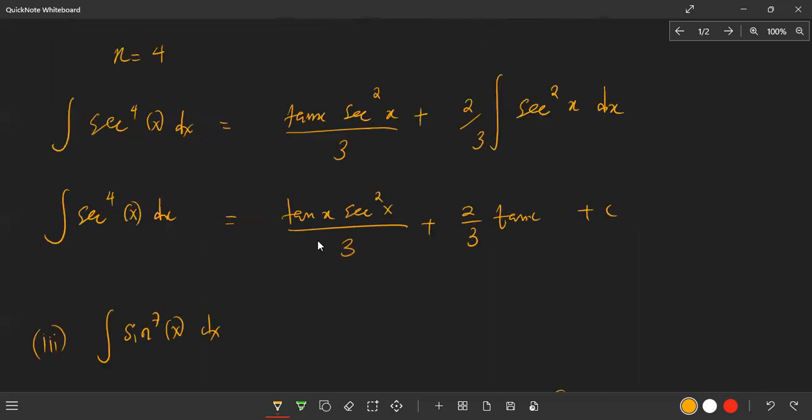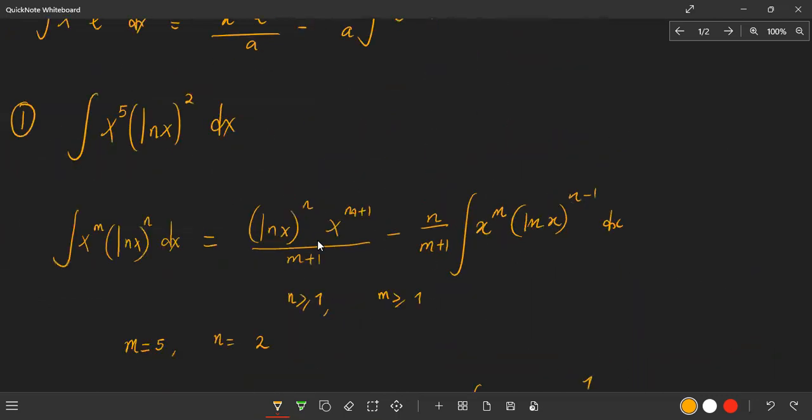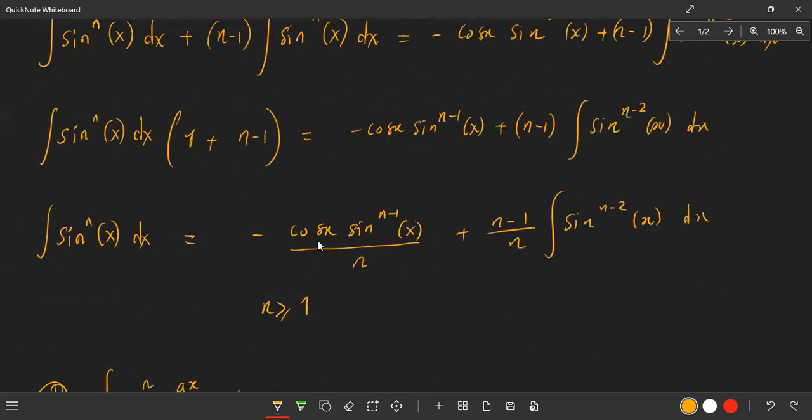Like this. This is n minus 1 over n, not 2.